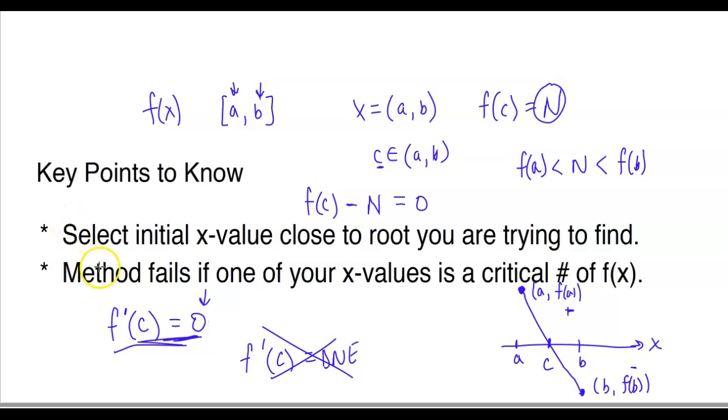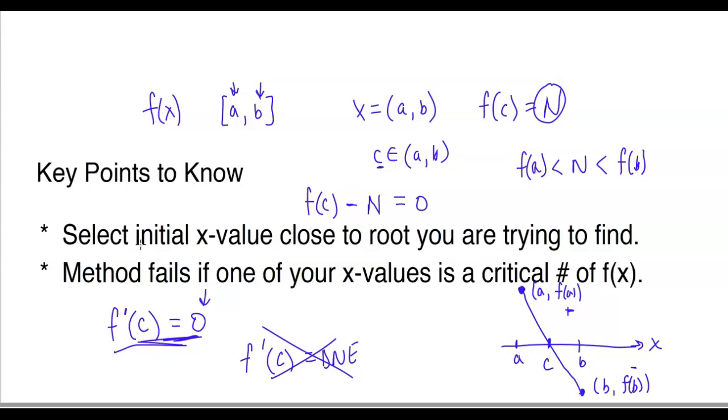If we go through the process of using Newton's method and it turns out that during the iterations one of the x values that ends up getting calculated is a critical value, Newton's method will fail at that point.